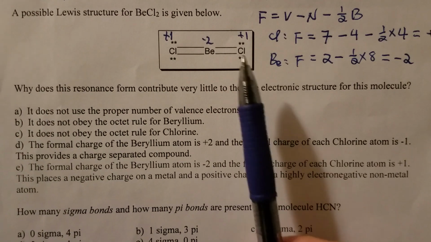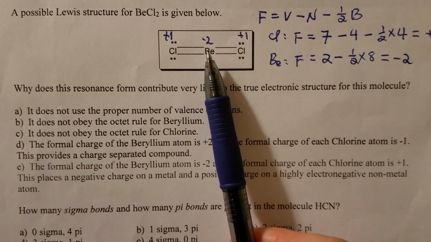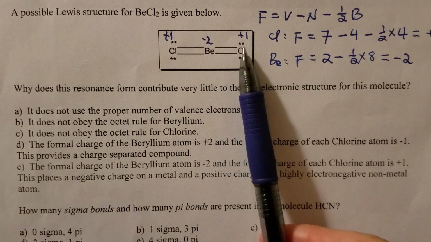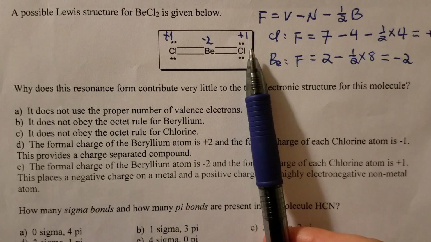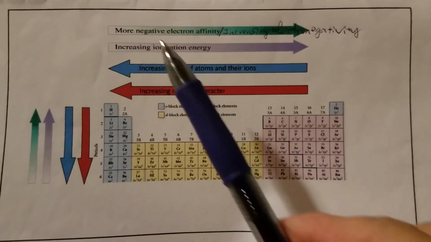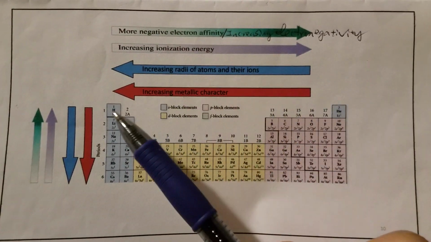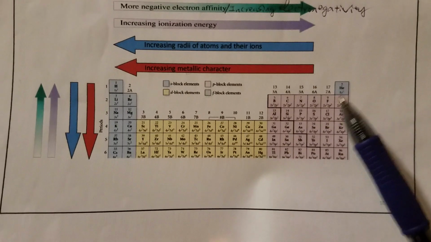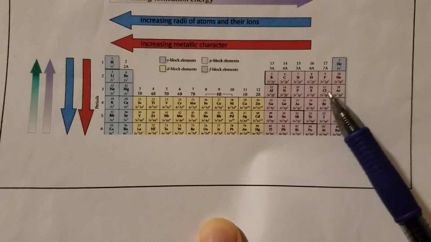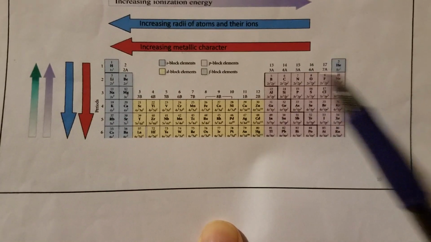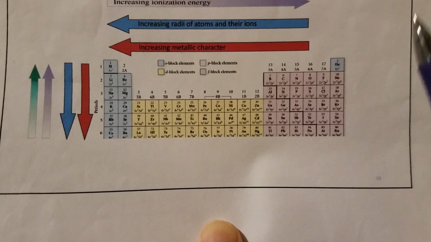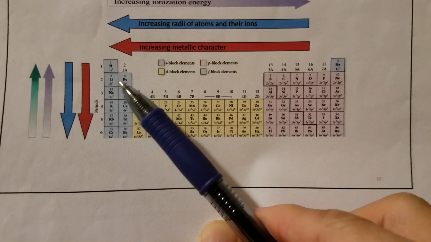Now we need to find out which one, barium or chlorine, is more electronegative. If you recall the arrow diagram, electronegativity increases across a period. Chlorine is at the right-hand side, and barium is at the far left-hand side.